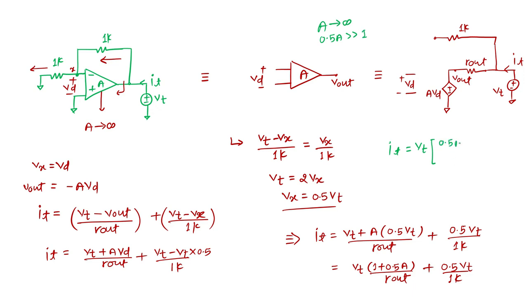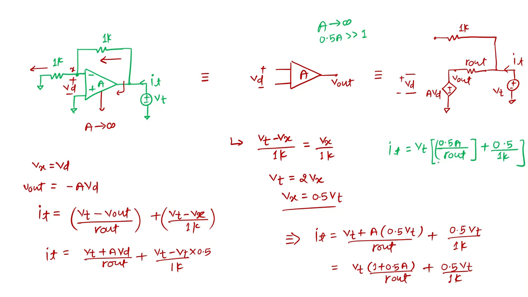So I can say 0.5A by R out plus 0.5 by 1K. Okay, so this is what we get when we take Vt common.